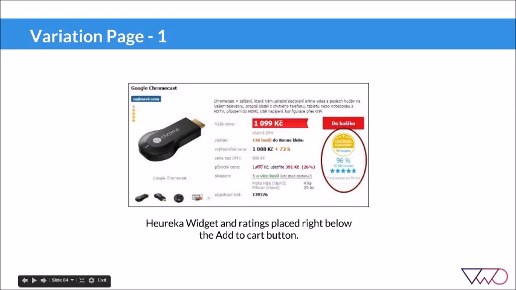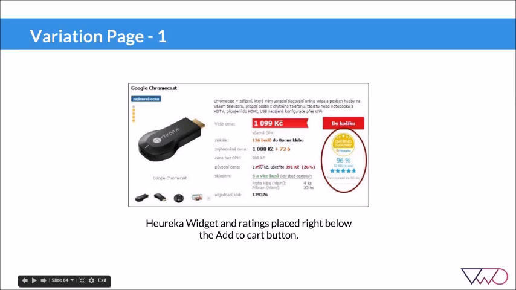There is something called a Heureka widget. If you go to heureka.cz, it is a Czech price comparison store. And they give you reviews on multiple products available at multiple stores, which tell you where you are getting the best prices.